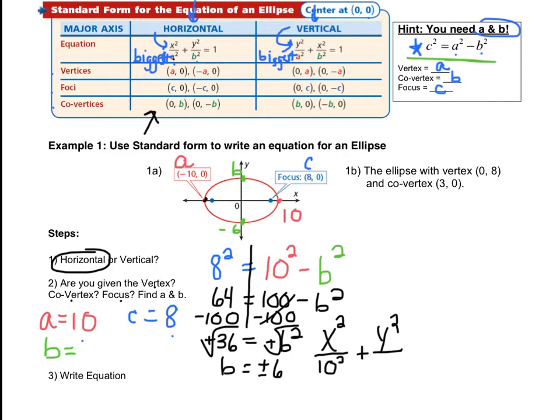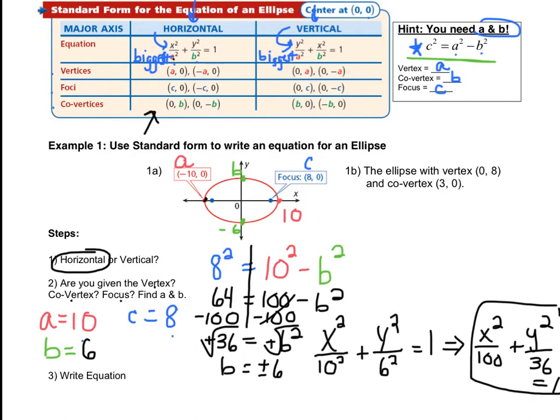B, we just figured out, was ±6, so it's going to be 6 squared, and that equals 1. When we simplify that a little more, it's going to be x squared over 100 plus y squared over 36 equals 1. I know it's kind of scrunched up, but that's the answer.